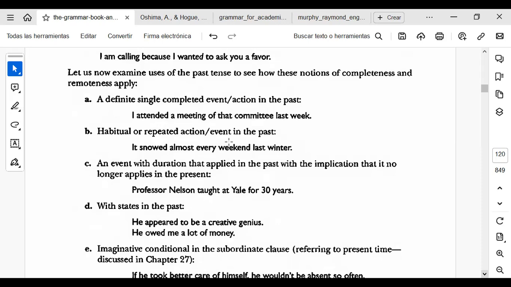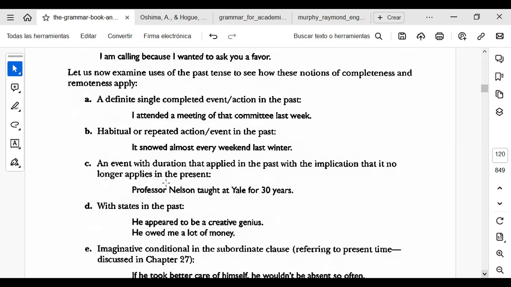So we have as an example, Professor Nelson taught at Yale for 30 years. So it also was a past event and it is not happening right now, because it would be present perfect now. But now it's past simple.